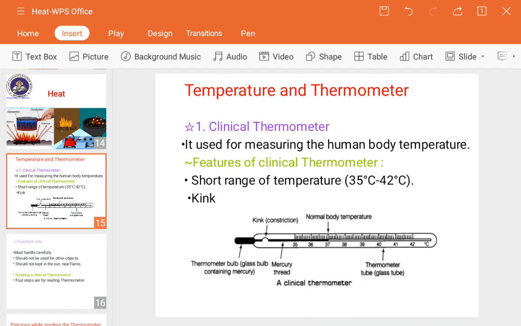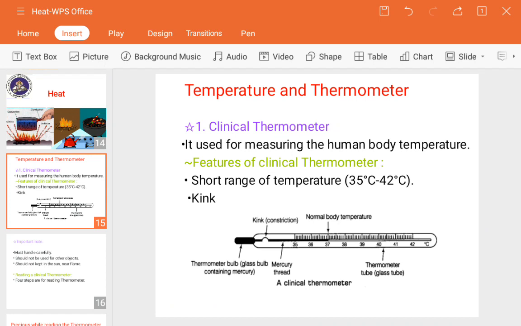In the image you can see the numbers 35, 36, 37, likewise; these are called marked scales or ranges. For example, the scale of the laboratory thermometer is marked along the length of the thermometer tube between 0 and 100. Means in the case of the laboratory thermometer, there are so many more numbers as compared to the clinical thermometer.